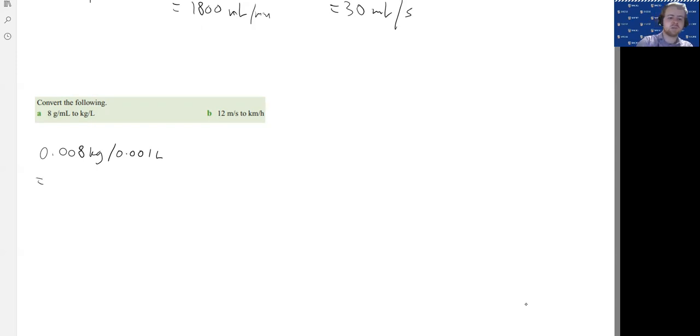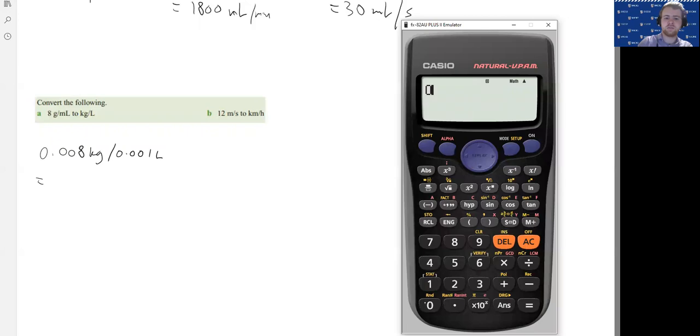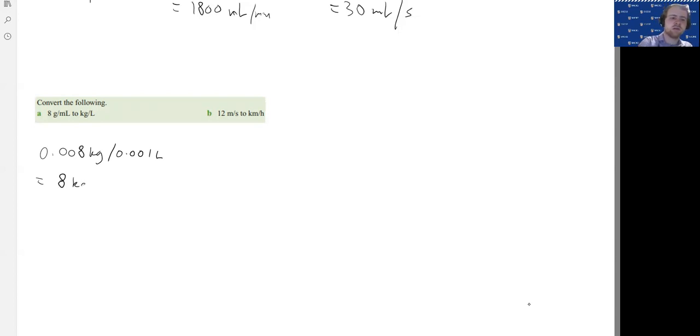And so when we put that in our calculator, 0.008 divided by 0.001 comes up with 8 kilograms per liter. So we end up with the same quantity. The reason is because kilograms to grams is the same as milliliters to liters. So those two conversions kind of cancel each other out. But it's worthwhile going through that process just to confirm. So all good.